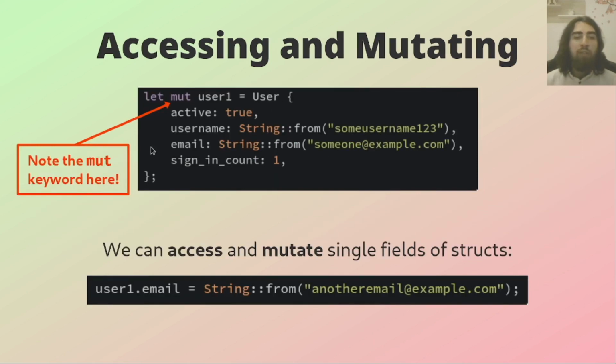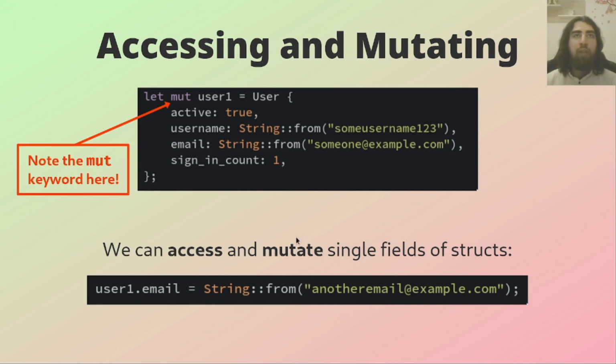Over here, as you can see, we have created an instance and assigned it to the user1 variable. And then we can use this syntax to access a field. In this case, we are even mutating the email field from the instance user1. We do that exactly like we would mutate a variable, just assigning it a new value.